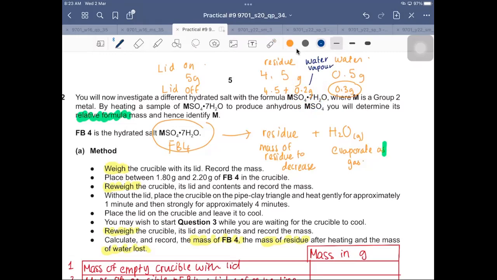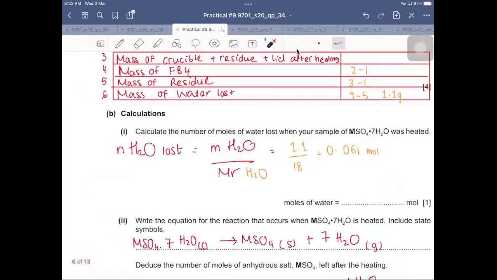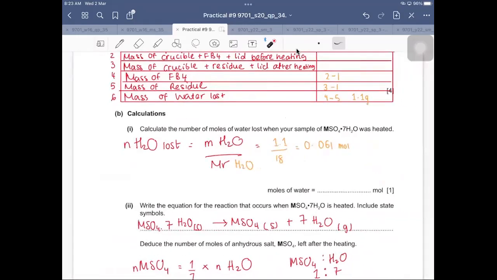Okay, because our residue is heavier, this will have an effect on the mass of our water loss. But our water loss will now be smaller. So if we look at the calculation, if our mass of water loss is small, what happens to our number of moles?